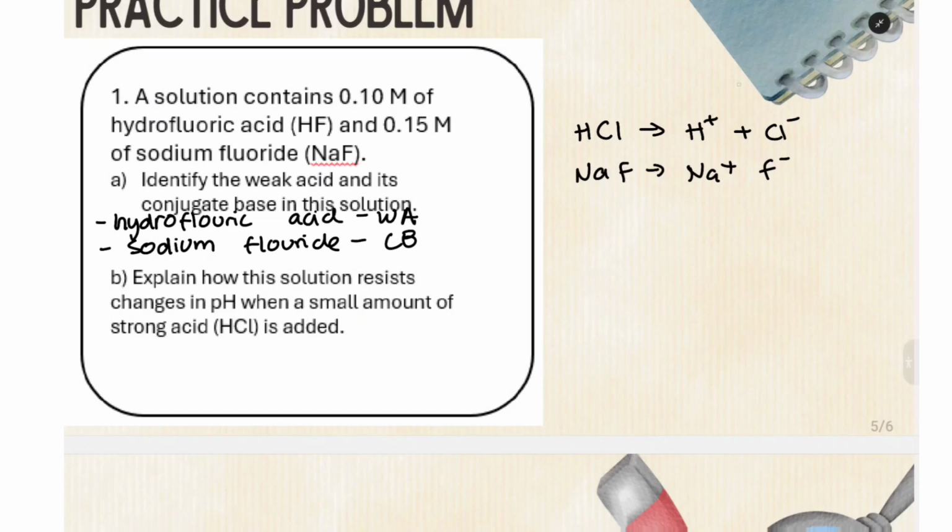So the excess hydrogen ions from the dissociation of hydrochloric acid will form hydrofluoric acid by joining with the fluoride ions from the base, and this will cause a minimal change in the pH.